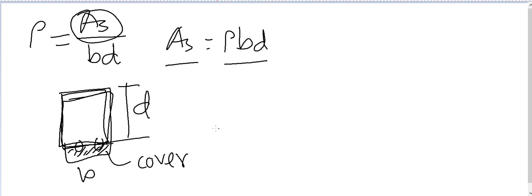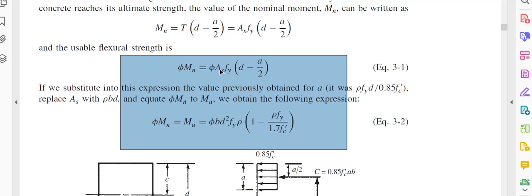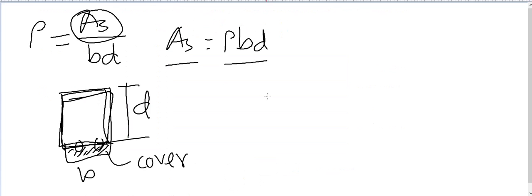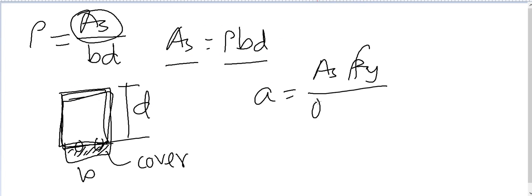If I go back to the book again, here As we can replace by rho BD, and then Fy d. Now we can again replace a. How can we replace a? You know that a is As Fy over 0.85 f prime c b.